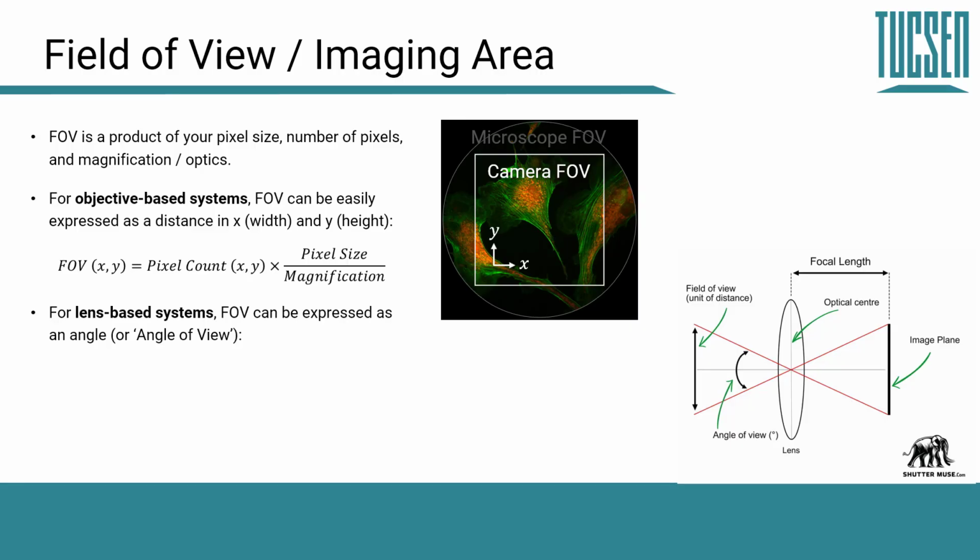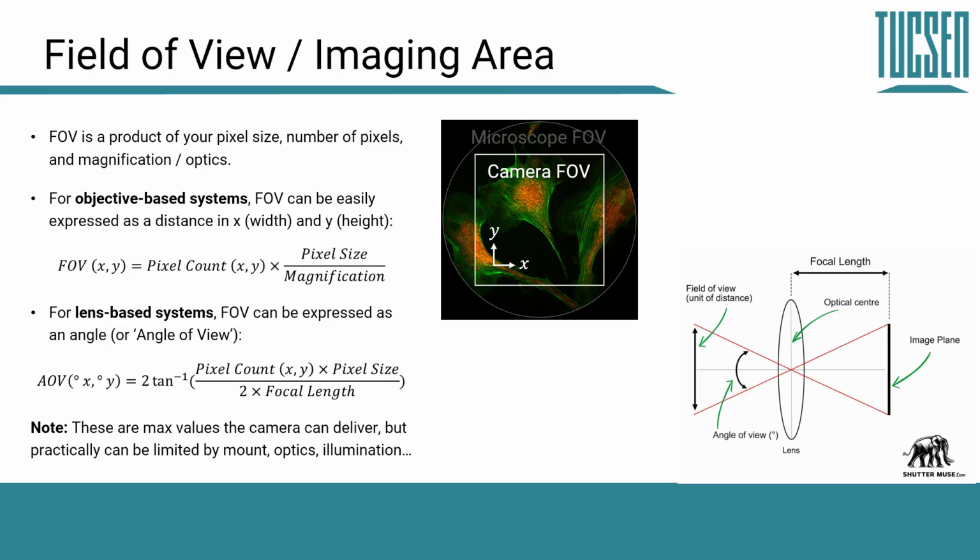This is very simple and intuitive, but we can define it mathematically by the angle of view that our lens captures. And this is influenced by the size of the camera sensor up to a point, limited by the lens itself. But we have this formula here for calculating what that actual angle of view will be, based again on the pixel count and the pixel size, but here the focal length of our lens comes into play as well.